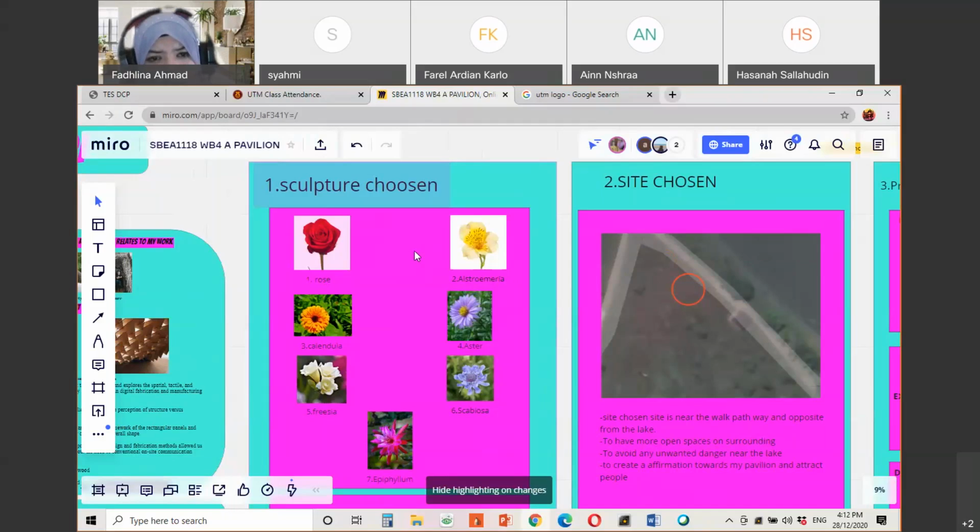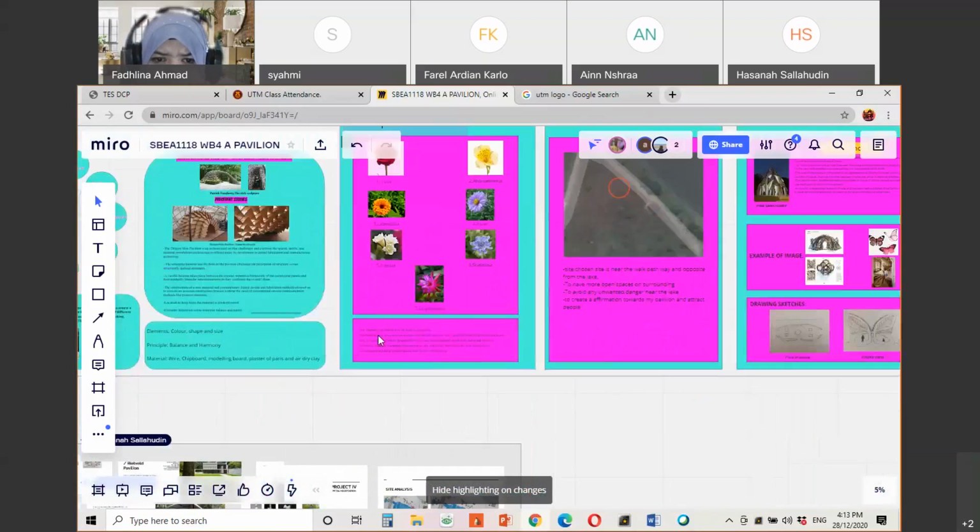I'm afraid it's going to be your own interpretation of the sculpture itself. Let's say you find out who are doing all the sculptures on the flowers, and then you just put it as example, and then you can do your own. Okay.